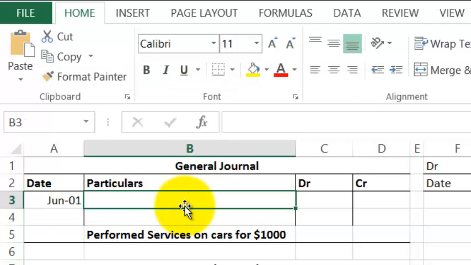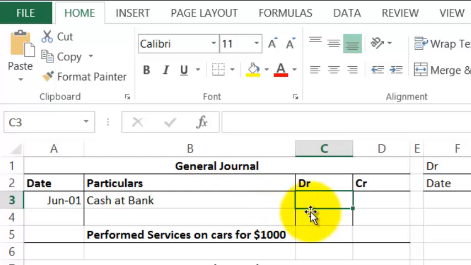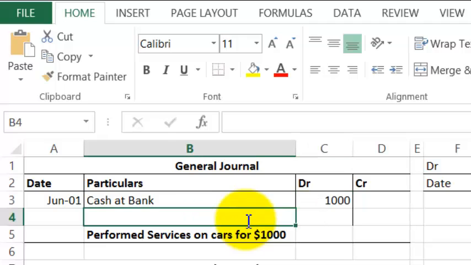On the first day here, we perform services on cars for $1,000. It's for cash at bank. In this instance, we received cash for this. It's $1,000, and it was for services performed.